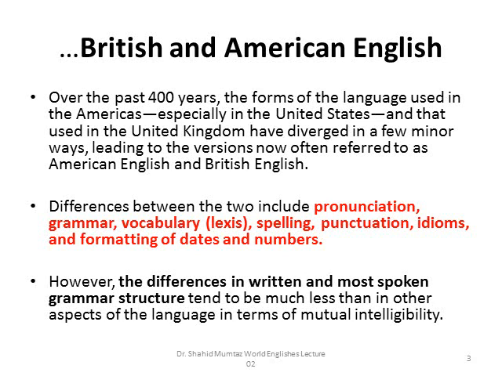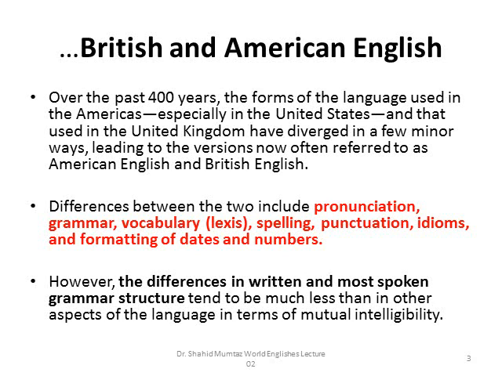So we can see there is a difference in these aspects: pronunciation, grammar, vocabulary, spelling, and others. But the difference in written and most spoken grammar structure is very little, and it doesn't make the language unintelligible for the speakers of British English and American English. In other words, they can understand each other's language.